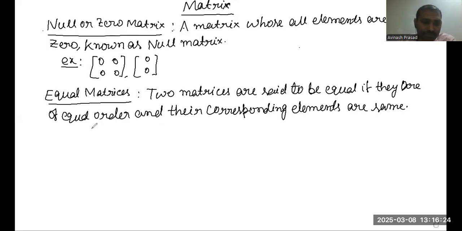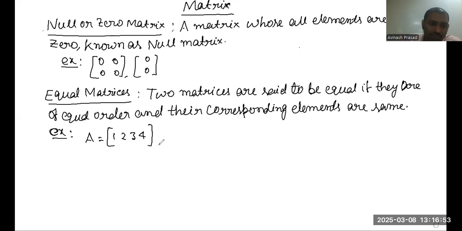For example, if I say there are two matrices A and B, look at matrix A. A is a matrix of order 1 into 4.